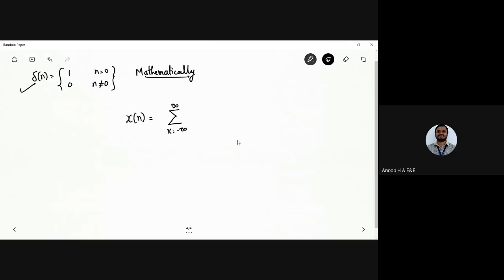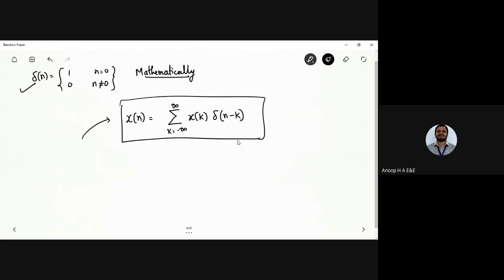K goes from minus infinity to plus infinity of x of k delta of n minus k. So that is x of n. I can represent it using the summation: x of n equals sigma x of k into delta of n minus k.